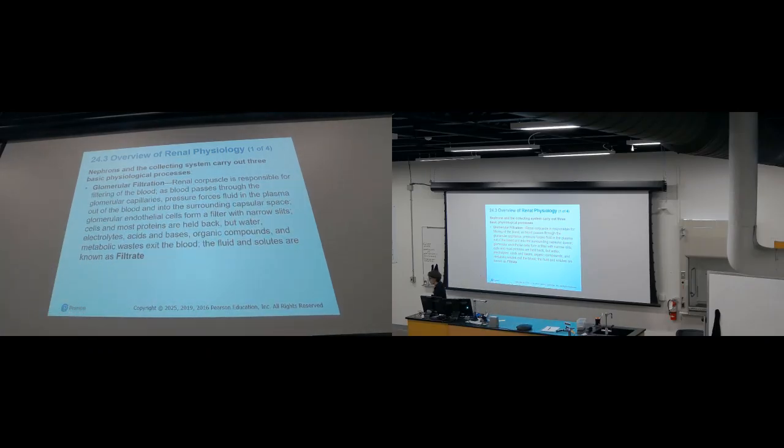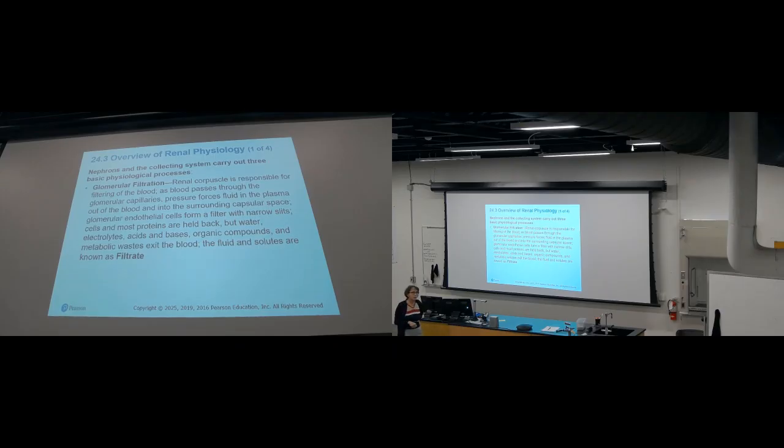For the physiology and the formation of urine, you have the first process, which is filtration. The plasma passes through these filtration slits in the glomerulus. This is called glomerular filtration. And the fluid that exits to go into the glomerular capsule is called the filtrate.